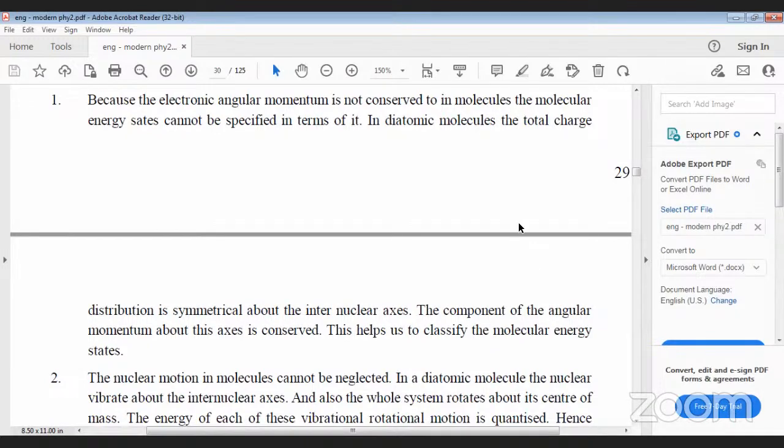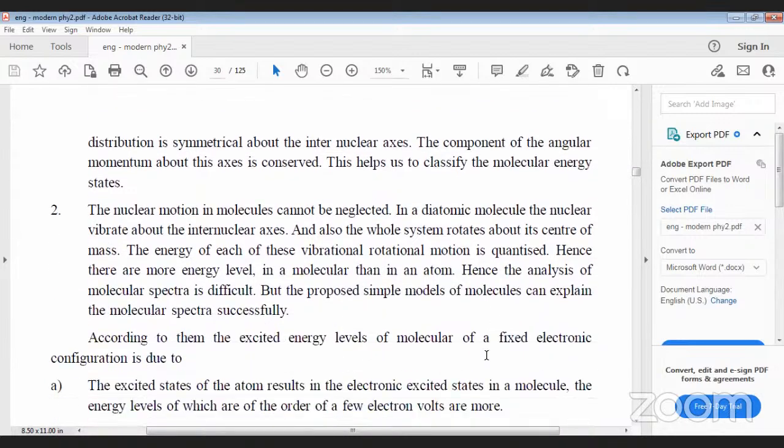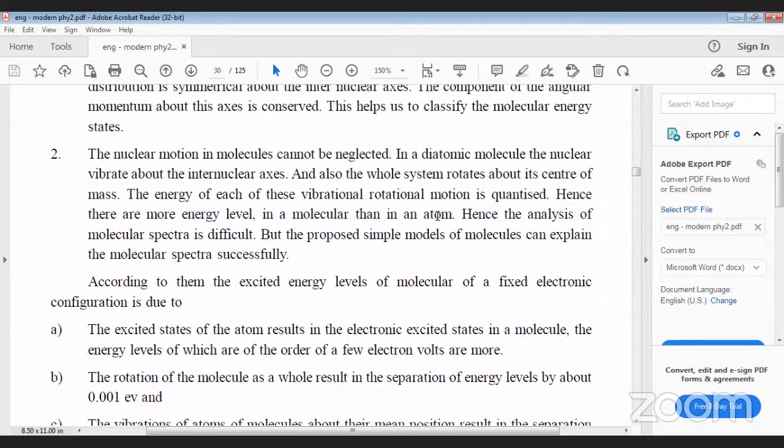O2, N2, F2, all these are diatomic molecules. The total charge distribution is symmetrical about the internuclear axis, and the angular momentum is also going to be conserved. Here the nuclear motion in molecules cannot be neglected.